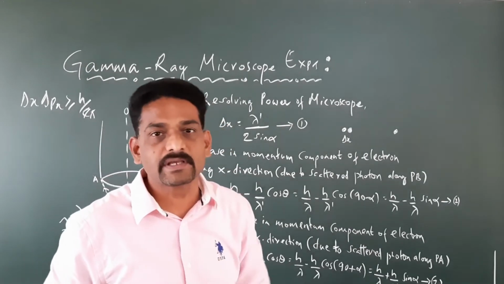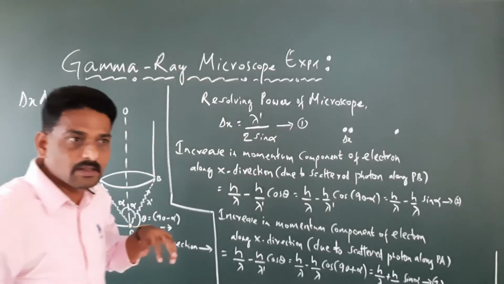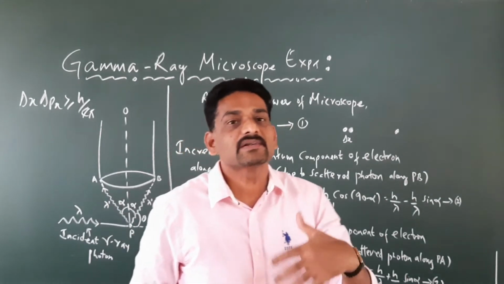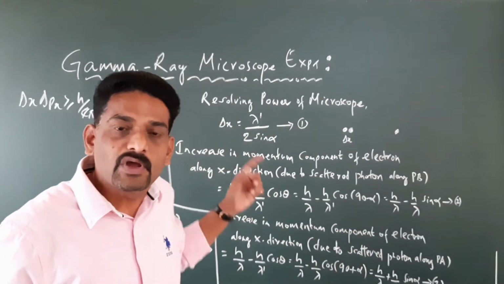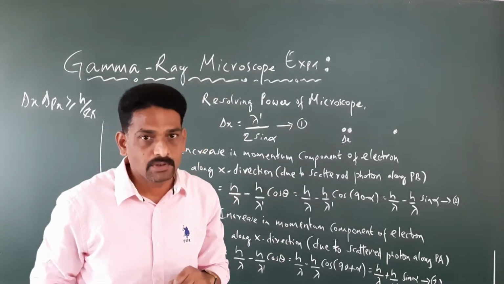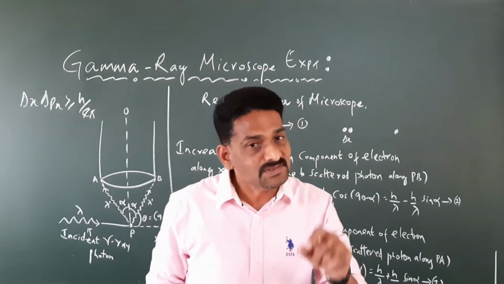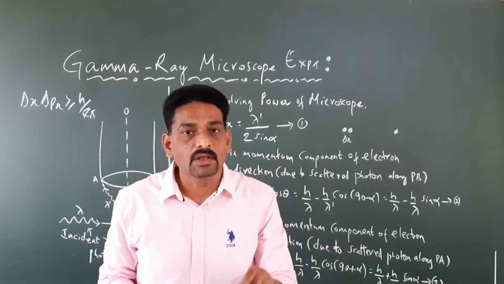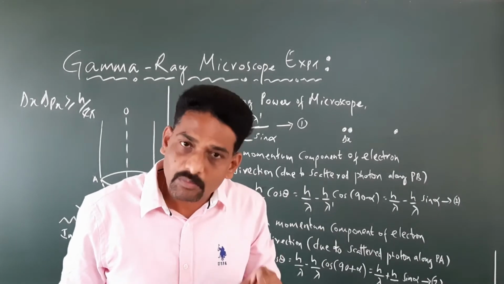And one more interesting thing here is, here we are saying it as a gamma ray microscope experiment. Why only gamma rays? Why can't we use the normal visible light? As we know, we are going to measure here the position and momentum of the electron. We know that the size of the electron is very, very small, so we cannot use the normal visible light.